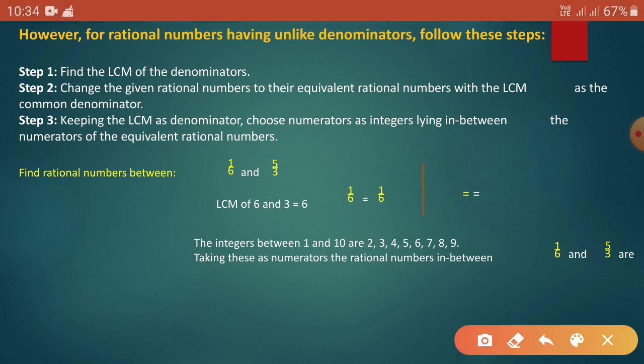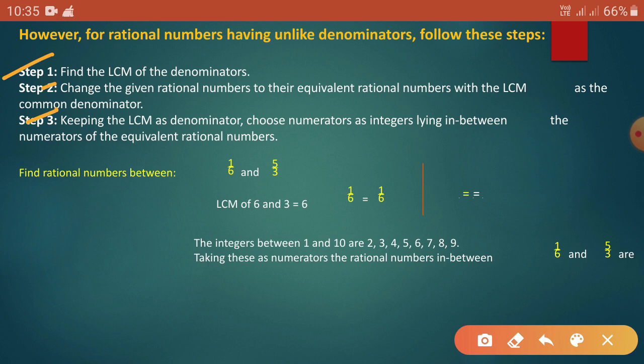Step 1, find the LCM of the denominators. Step 2, change the given rational numbers to their equivalent rational numbers with the LCM as common denominator. Step 3, keeping the LCM as denominator, choose numerators as integers lying in between the numerators of the equivalent rational numbers.